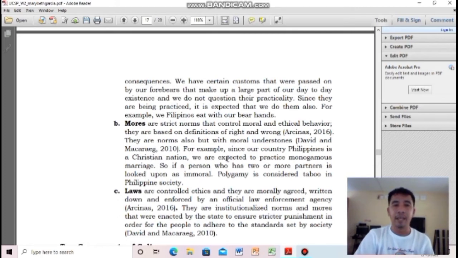Because polygamy is considered as taboo in Philippine society or sala, no? Sala ang mangirida no sa Philippine society because its norms is we should practice monogamous marriage.